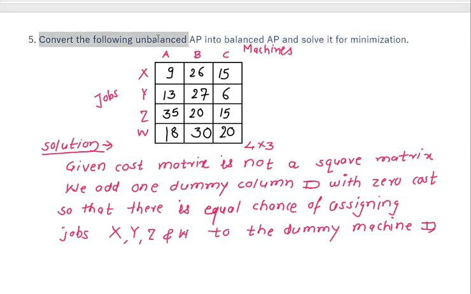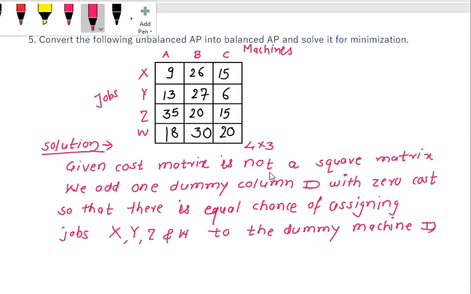First convert it to balance format. It is unbalanced. Why is it unbalanced? Look at the matrix, 4 rows, 3 columns. It is not a square matrix. The cost matrix is not a square matrix.